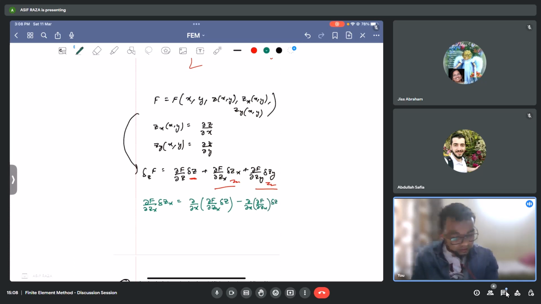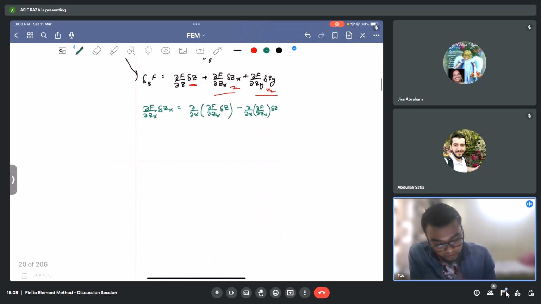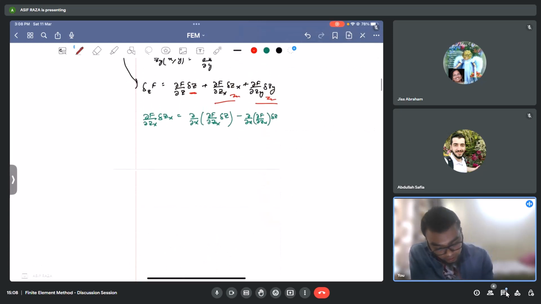I think you guys don't have any issues with this, or maybe I'll elaborate it properly. So this is coming. We are taking a product rule for dou f by dou z x dou z, sorry, not chain rule, product rule.